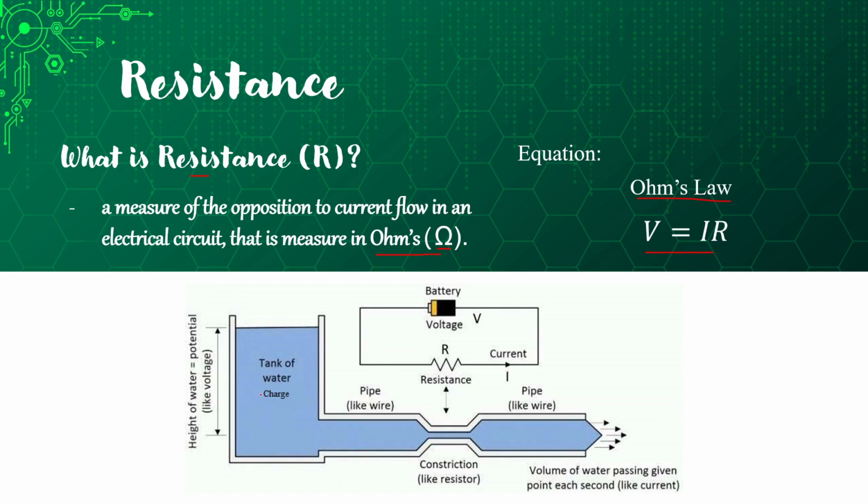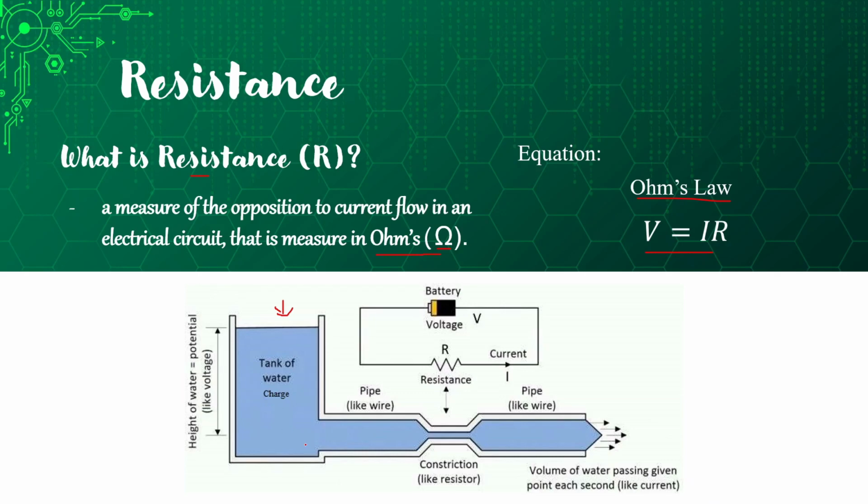Here in this part we have a tank. This water represents the charge, and the volume of the tank represents the voltage. Since we have a large amount of water in here, it forms a pressure.